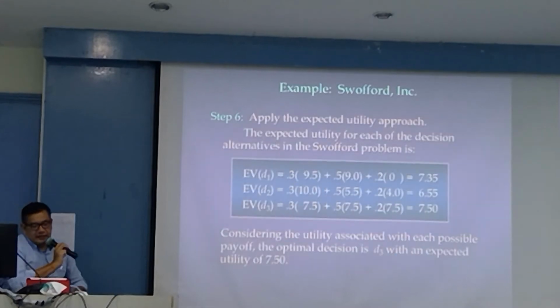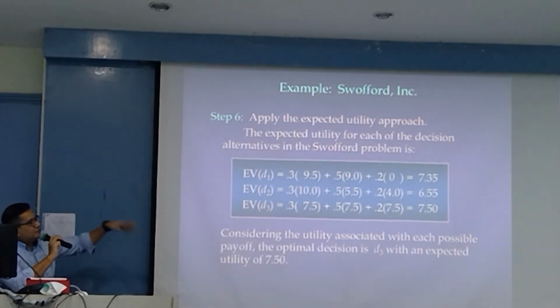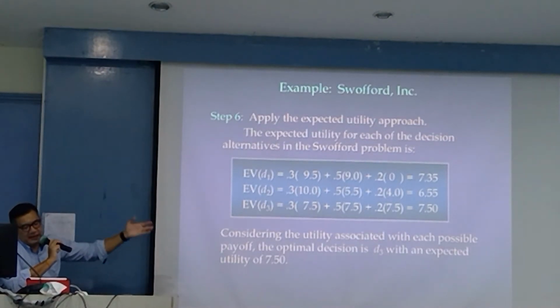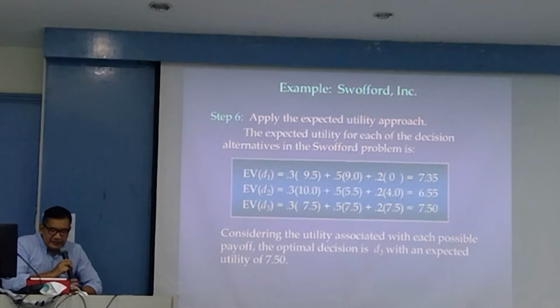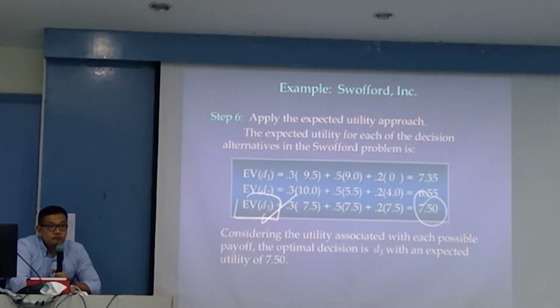Right? So in this case, once you calculate each of them, the expected utility values are 7.35, 6.55, and 7.5. The highest one is 7.5, right? So based on the utility value, in this case, the company should select the third alternative. That would be do not invest at all.